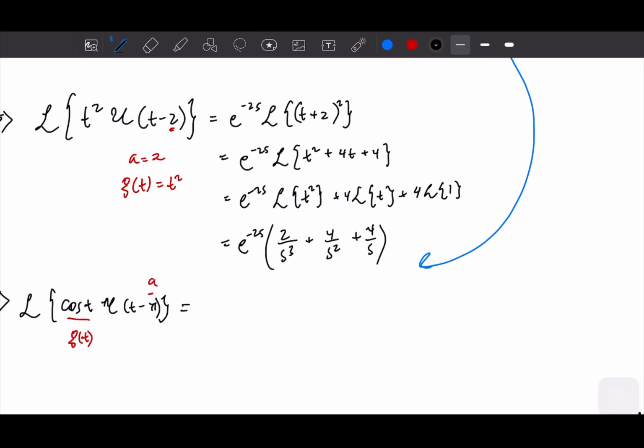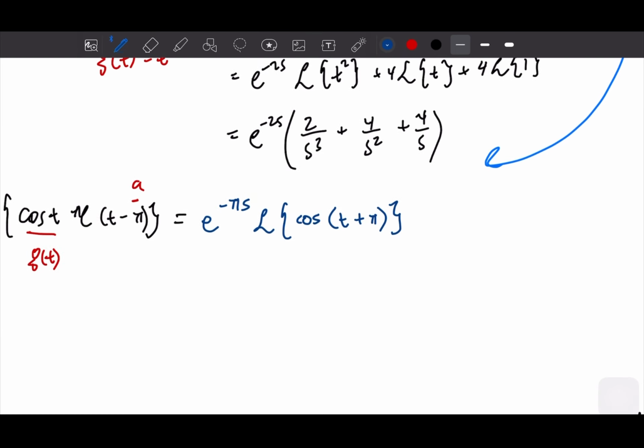Let me write first with blue color. So e negative pi s, and then Laplace of this will be cosine t plus pi. I think that is our Laplace.